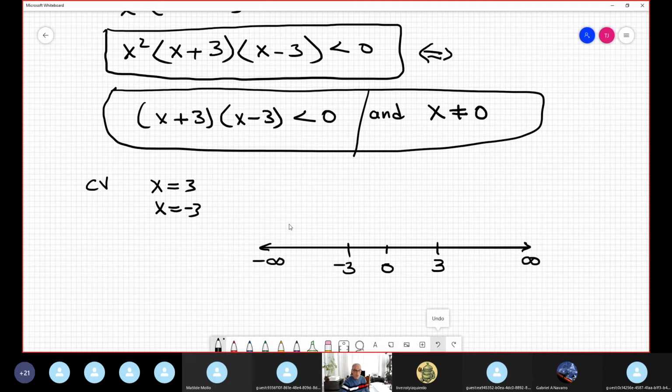Okay, now you are doing a partition here and a partition here. You take a testing point. The testing point here is negative 4. The testing point here is positive 4. The testing point is 1 or 2 and negative 1. 0 no, because 0 is a restriction.